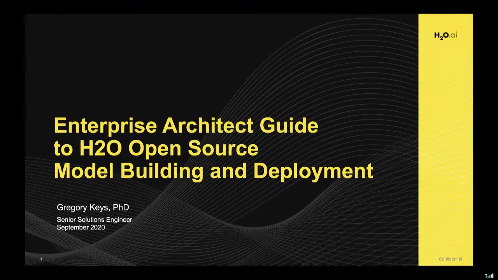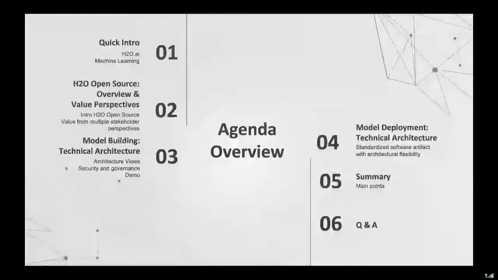So what I'd like to do first is just briefly review what we're going to do today. We'll take a very quick overview of H2O.ai, who we are, and then a very quick overview of machine learning, what it is. If you're not that familiar with it, this will just be a super brief 101.